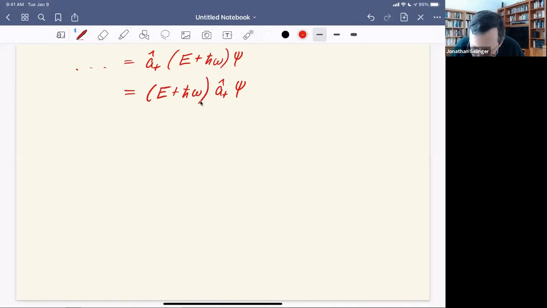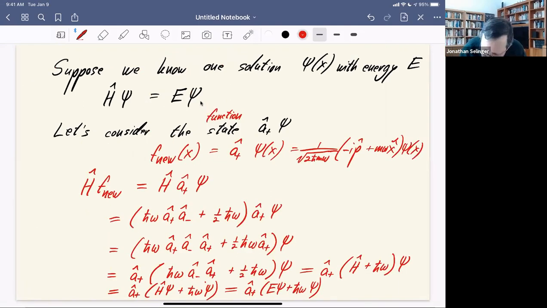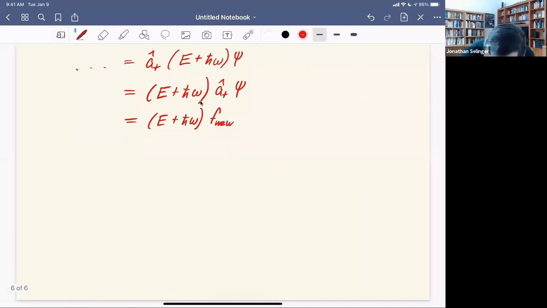So this is E plus h bar omega times f nu. So you remember what we are calculating here is the Hamiltonian acting on f nu.